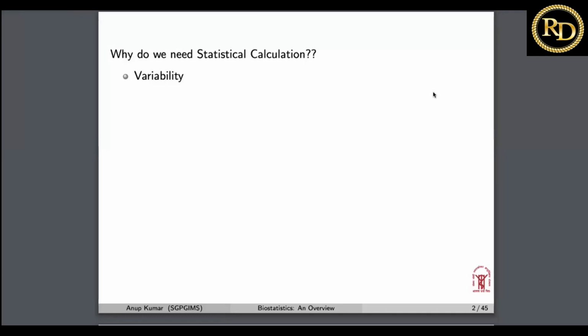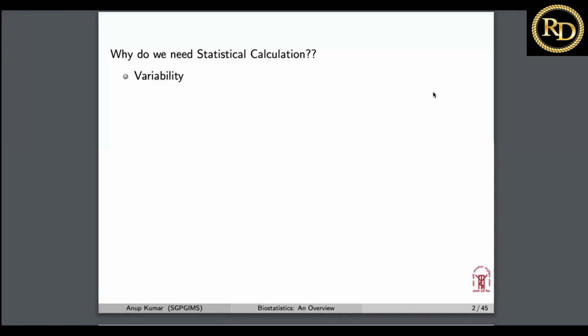For example, if we are measuring the birth weight of newborn children, and the birth weights are different, say some are around 2.5 kg and some around 3 kg and 3.5 kg, we can see that in this measurement the birth weight of the baby differs. Now, as a researcher, we try to understand why this variation is there. What are the causes of this variation?